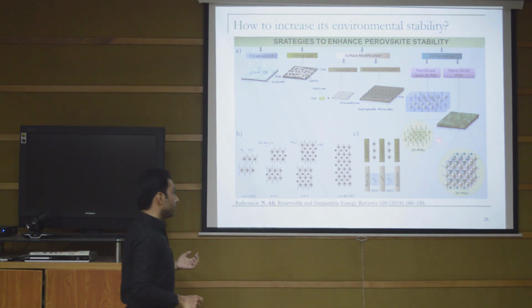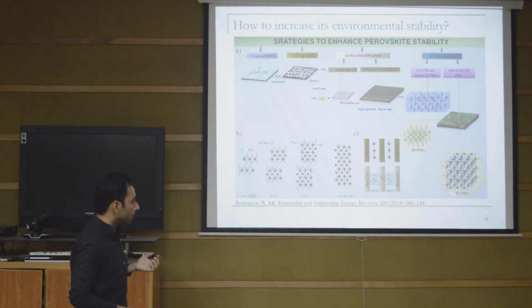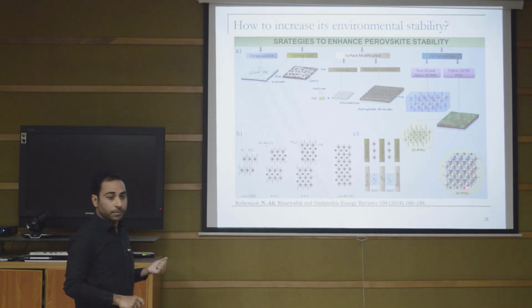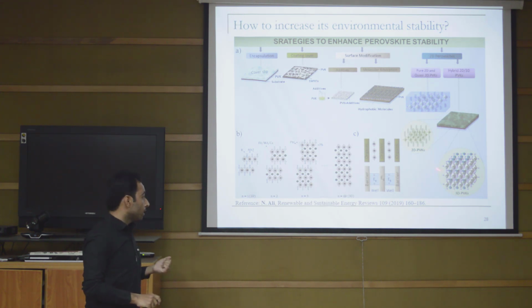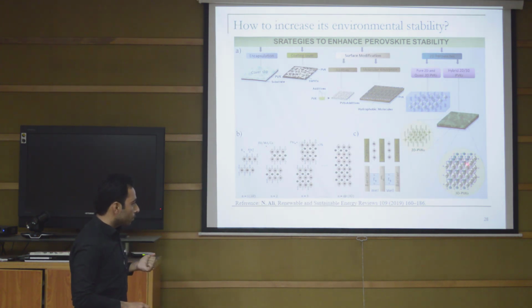What is 2D perovskite? I have shown in the very first slide that we got the perovskite structure, which is actually the combination of the octahedra separated by a bigger cation. So if you convert this structure into 2D form, you can see here.